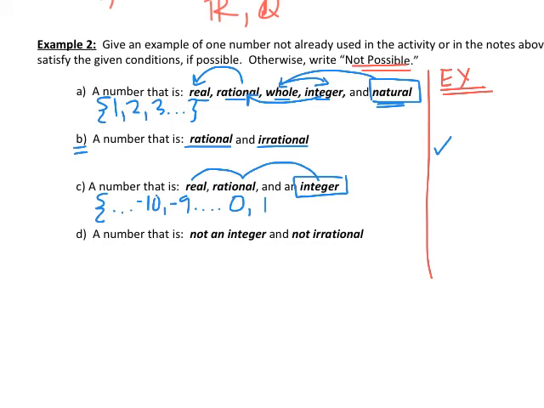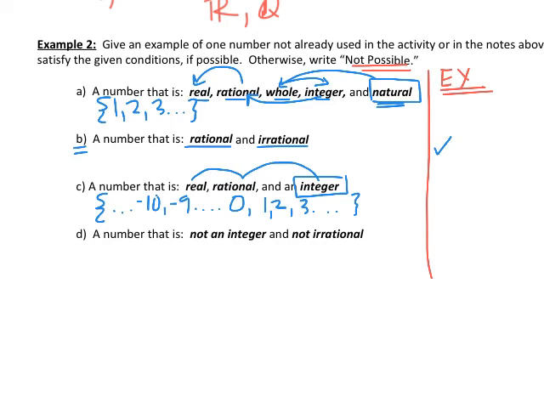We do include positive whole numbers in the integer set, but no fractions. Alright, so give an example of an integer, because if it's an integer, then it's also rational and it's also real.